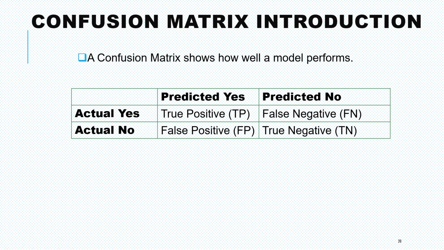So because the actual thing we are expecting should be yes, if the model predicts the same yes, then it has predicted true. That's a true prediction, and it is in the positive way, isn't it? So if the actual is yes, and the model predicts yes, then that becomes a true positive.